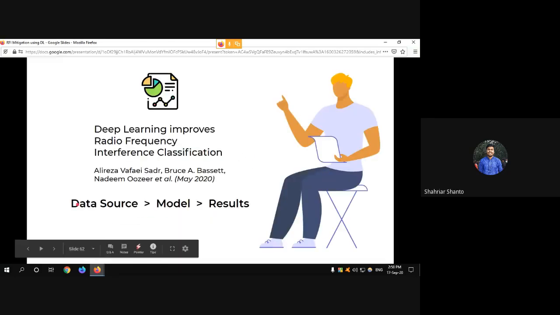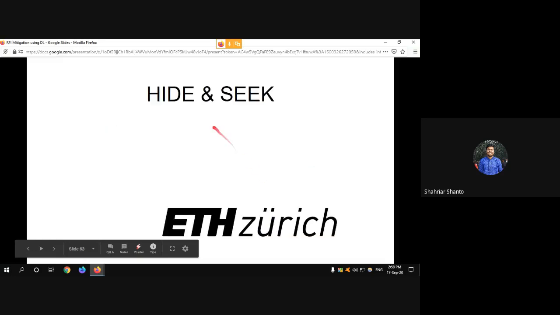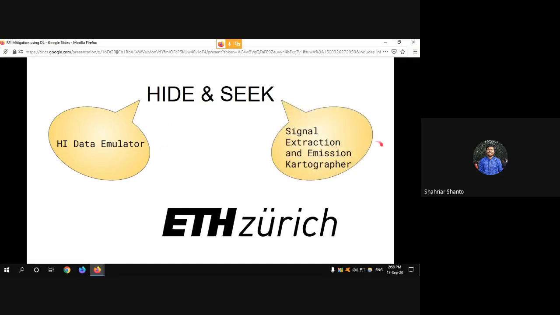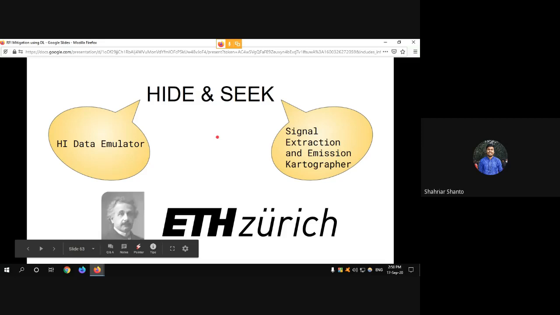So as I was saying, they collect some data sources, then build a model, train the model, and compare the results. The first data source for them was the HIDE and SEEK package. HIDE is the H1 Data Emulator, and SEEK is the Signal Extraction and Emission Kartographer. This software package was made at ETH Zurich, where Albert Einstein once studied and lectured.